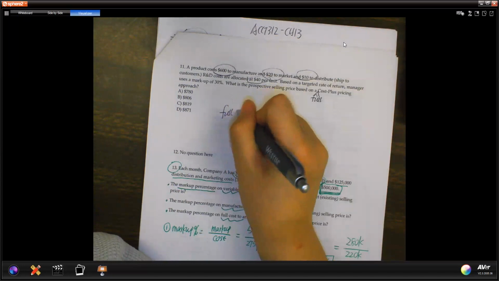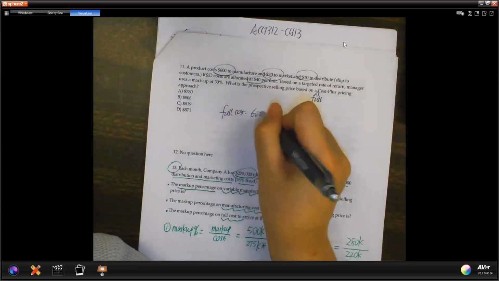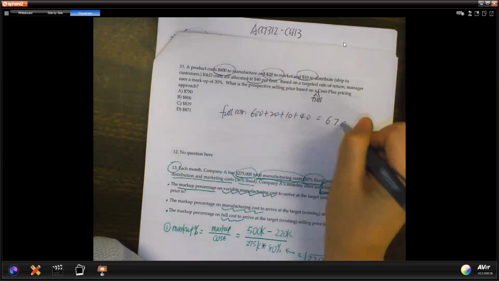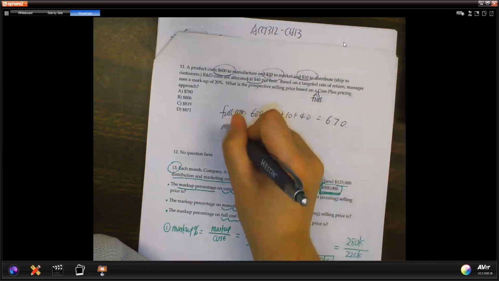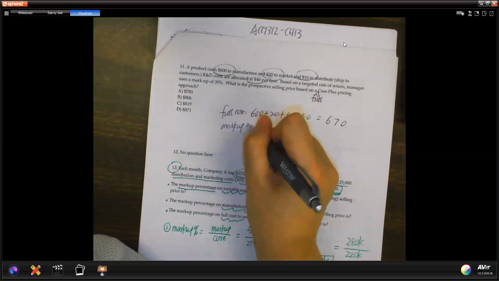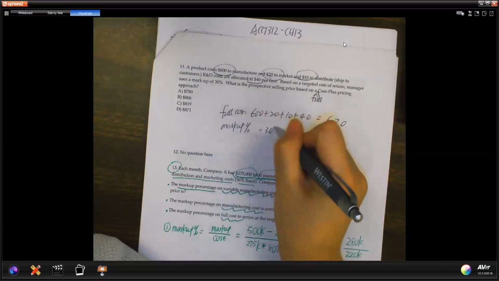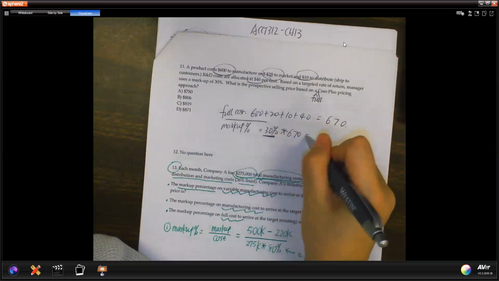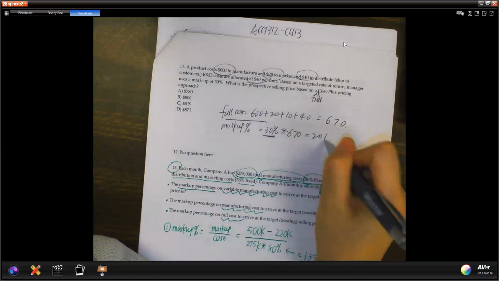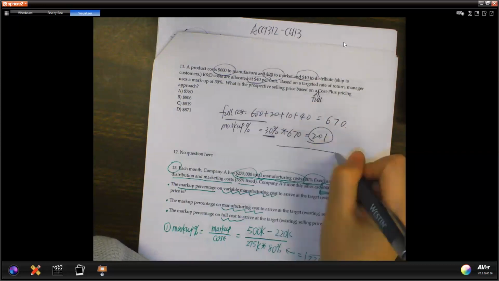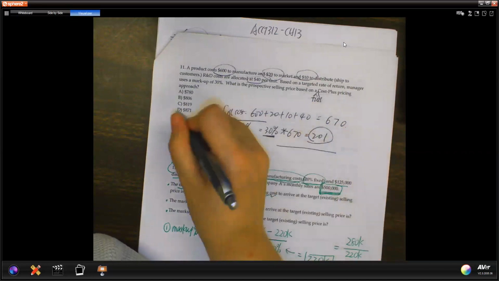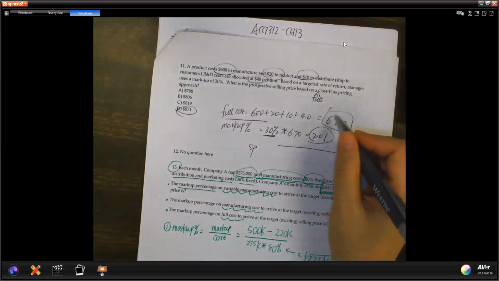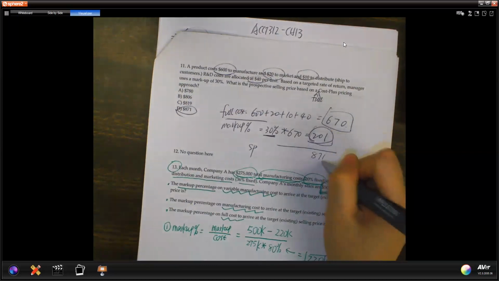Our full cost will be 600 plus 20 plus 10 plus 40, which gives you 670. Always know your markup is based on the cost. So your markup is 30% of the 670, which gives you 201. That is your markup. Your selling price will be 871, because 670 plus 201 is 871.